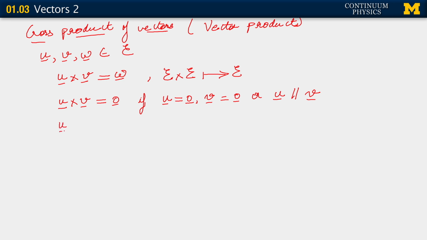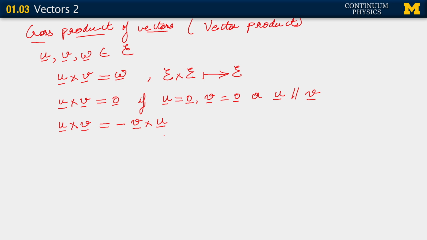Continuing along the same line as we did for the dot product, let's consider what happens with this. If we take u cross v, we know that it is equal to the negative of v cross u. Okay? So, in particular, u cross v is not equal to v cross u.